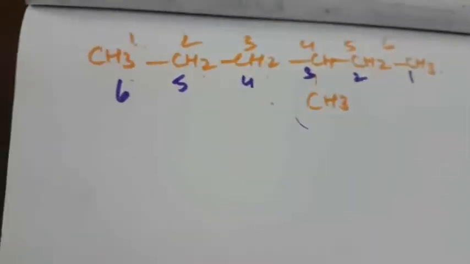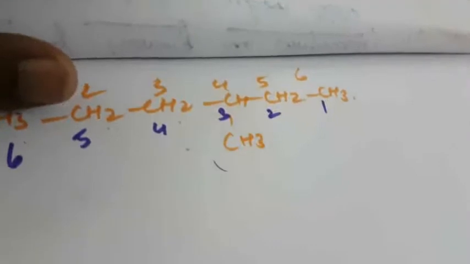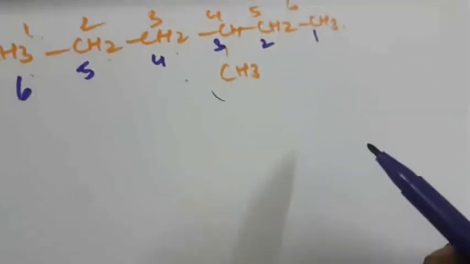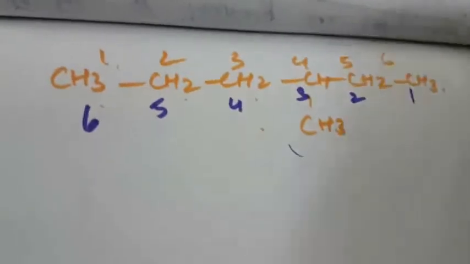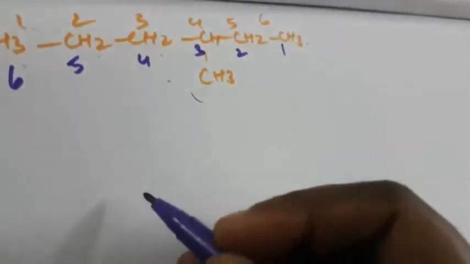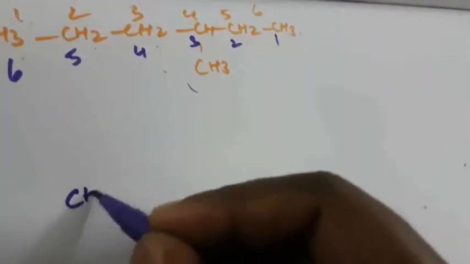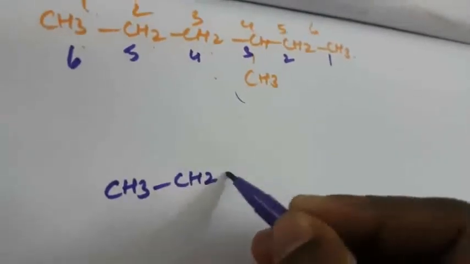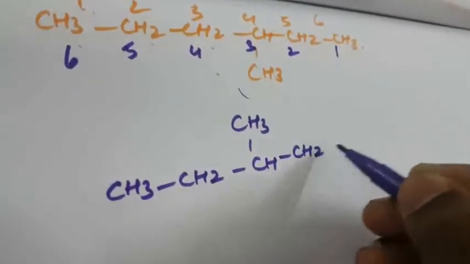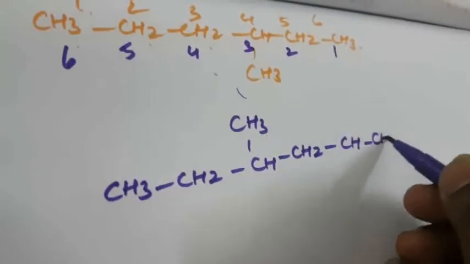Another one is where more substituent groups are present there. How to name that one? With more than 2 functional groups and substituent groups, which side do you give the priority? The first rule is you give the priority according to alphabetical order. Okay, so the first one is CH3, CH2, CH, CH3, CH2, CH, CH2, CH3.